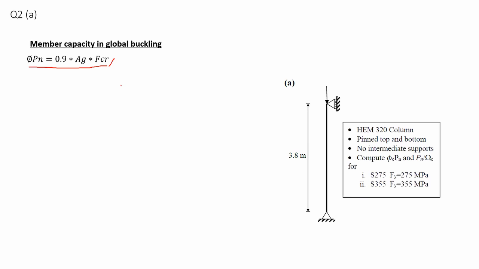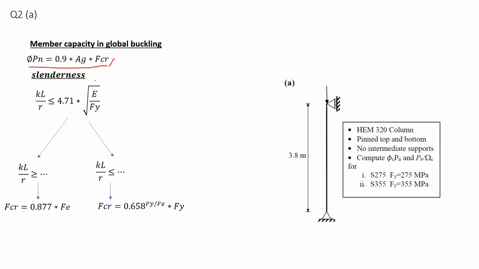So how do we do that? First of all, you have to check for the slenderness. We check whether KL over r is less than or equal to 4.71 multiplied by the square root of E divided by Fy. If KL over r is bigger than this part, Fcr would be equal to 0.877 Fe.